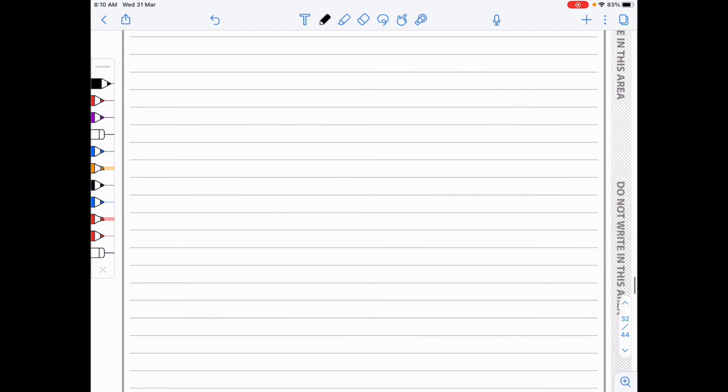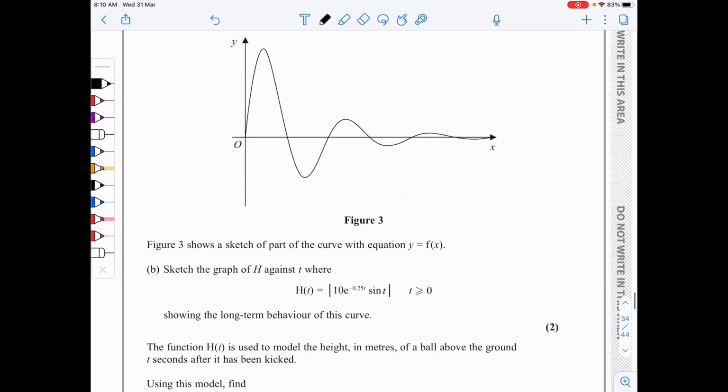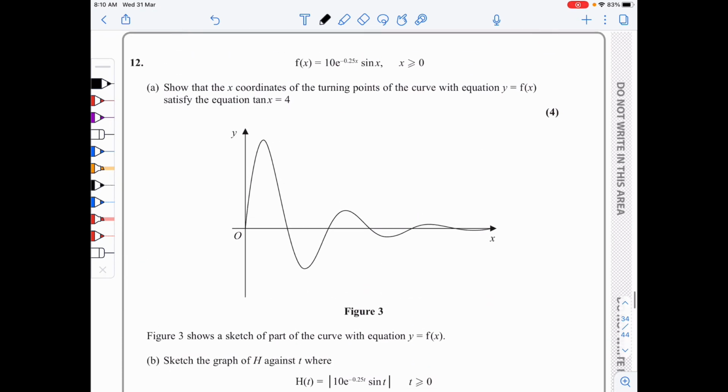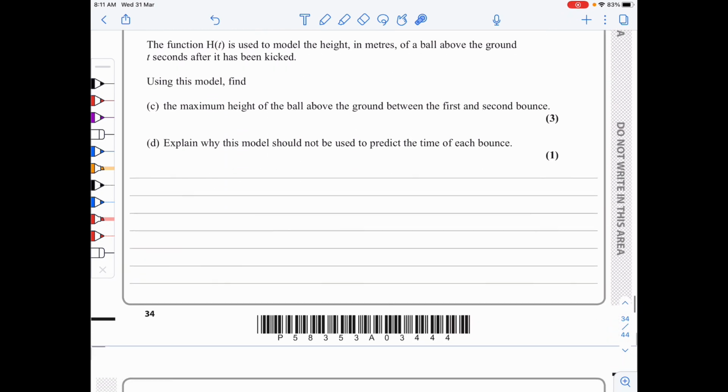Now, the next question is 12. We start off with f of x being 10 e to the minus 0.25x sine x. We need to show that the x coordinates satisfy the equation that tan x is 4. So what I actually need to do is differentiation here. I will be applying the product rule.